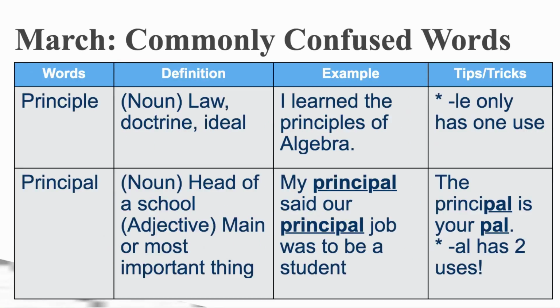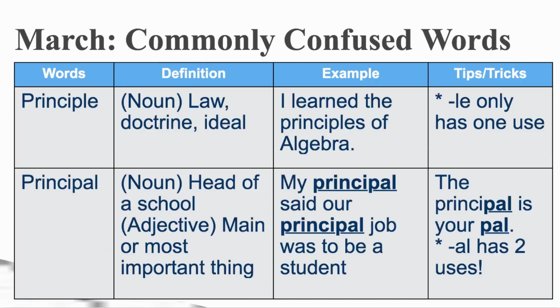Next is principle and principal. So many of you probably learned some of these before, but there's another meaning that you may not have learned before because it's not required to be taught until 9th grade. So principle with a PLE, this is the easy one because it only has one meaning. And it is a thing. It's basically a law, a doctrine, some kind of ideal.